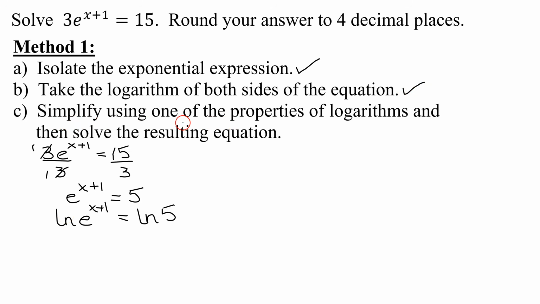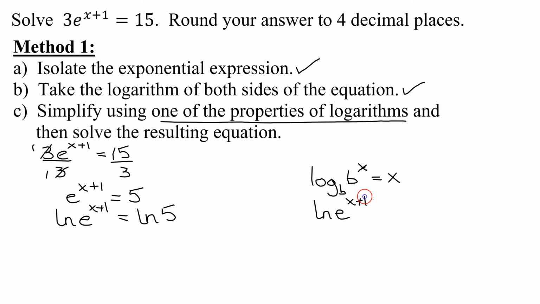Step 3 is I'm going to need one of the properties of logarithms to simplify this side. Well, there is an inverse property of logarithms that says log to the base b of b raised to the x power is x. As long as these 2 bases are the same, they undo each other, and I land up with x. Remember, the natural log of e raised to the x plus 1 really is, if I write it in longhand, log to the base e of e raised to the x plus 1.